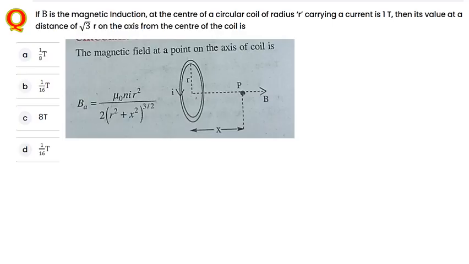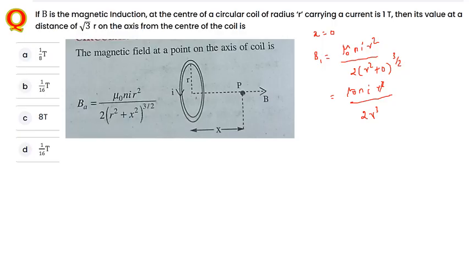Let B at x equal to 0 be B1. B1 is equal to mu naught N I r square divided by 2 into (r square plus 0) whole power 3 by 2. Now r square plus 0 is r square, and taking the root gives r cube, so we have mu naught N I r square divided by 2 r cube.